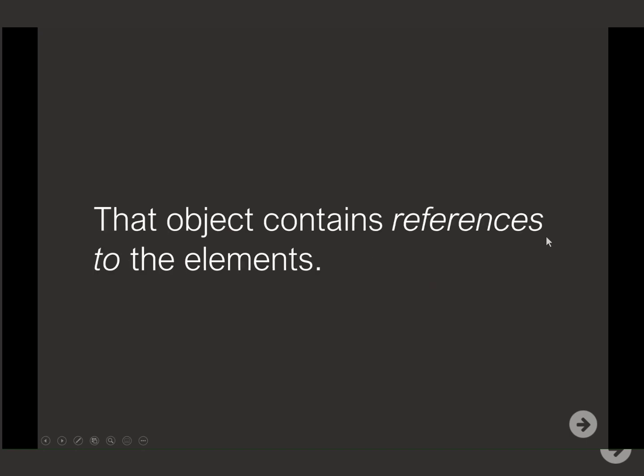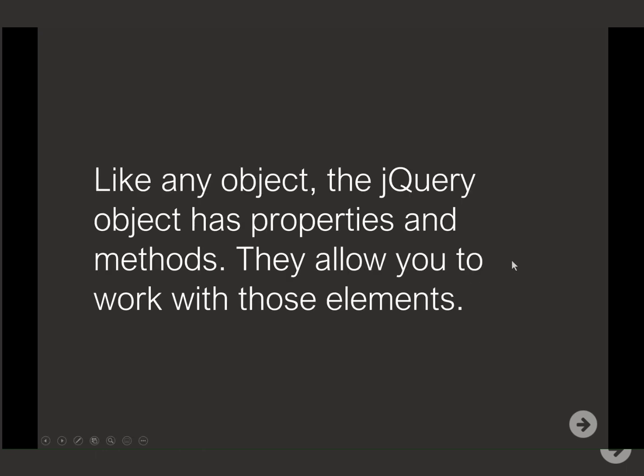That object contains references to the elements. So that means we can find all of them. So you may go over next, before. That means just back and forth. If there's one in front, you can go to the front. If there's one next, go to next. And also, similar to other objects in our HTML, in our CSS, in our DOM model, it will have properties and methods.